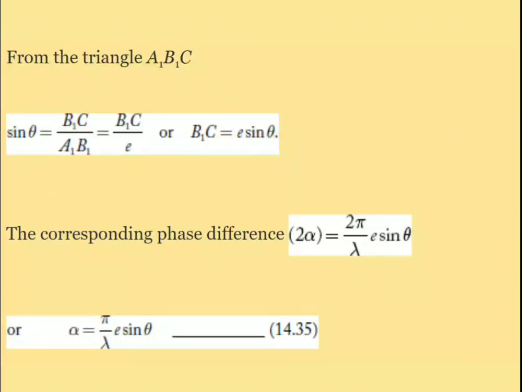Here we found the path difference value is e sin theta. Now substitute in this equation. Finally we get the corresponding phase difference value, that is 2 alpha is equal to 2 pi by lambda into e sin theta. By simple cancellation of 2 on both sides, we get the formula for alpha is equal to pi by lambda into e sin theta.